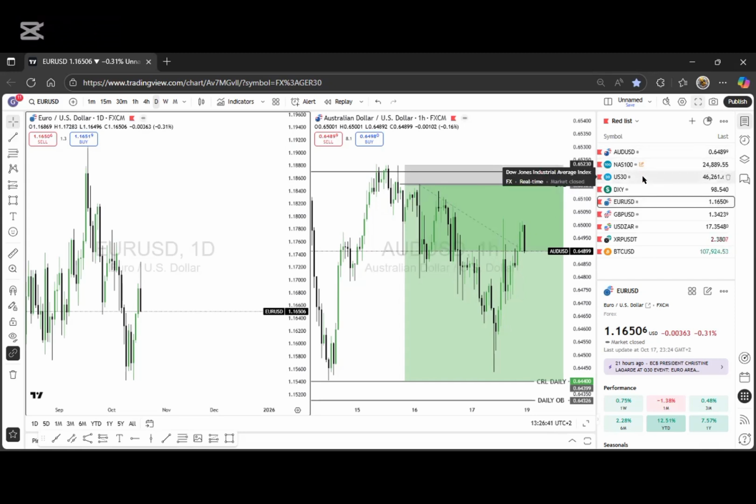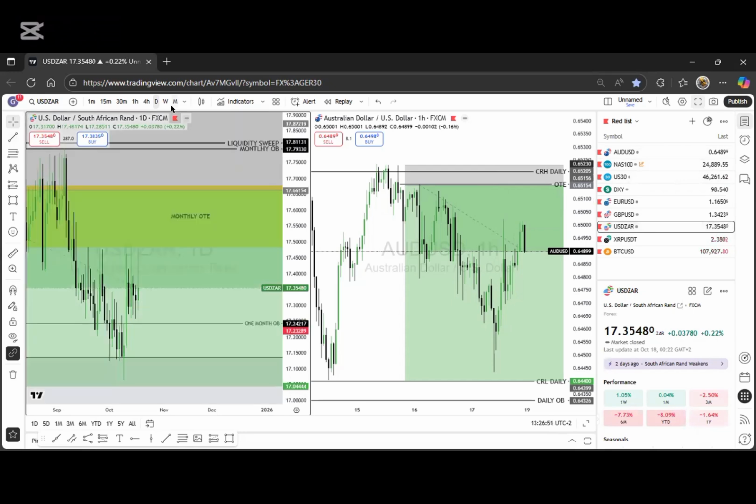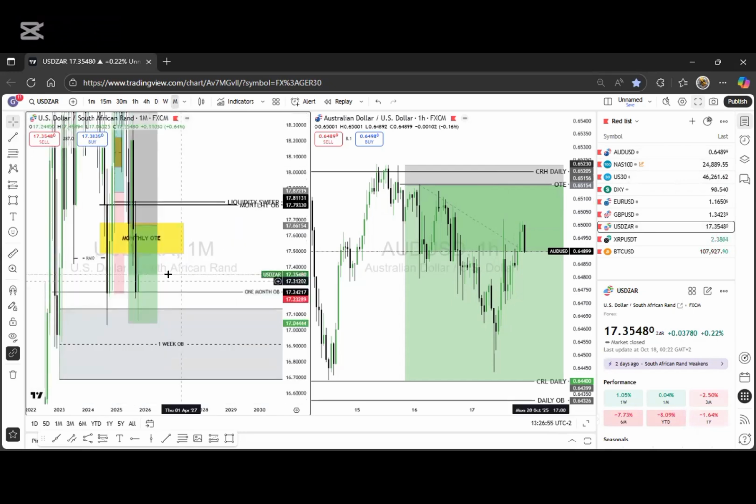I'll remove those indices, and this one I don't trade. I just look at it to see the currency of SA, what's happening right now. Even if you search on Google, $1 is 17.35, but it doesn't matter anyway.